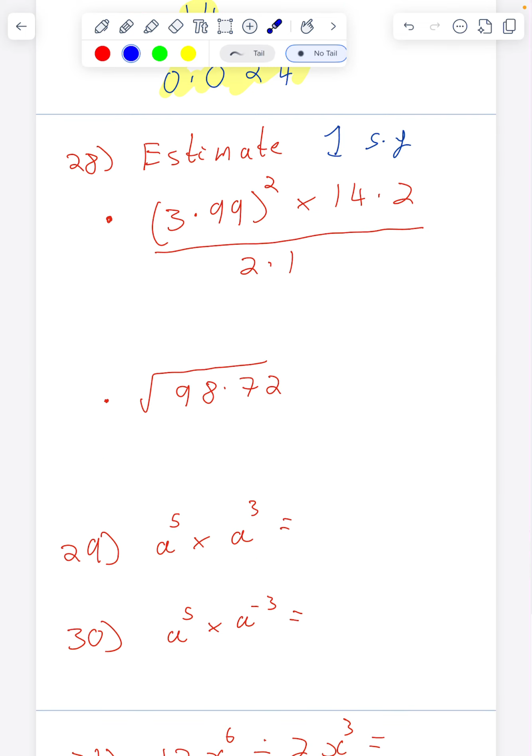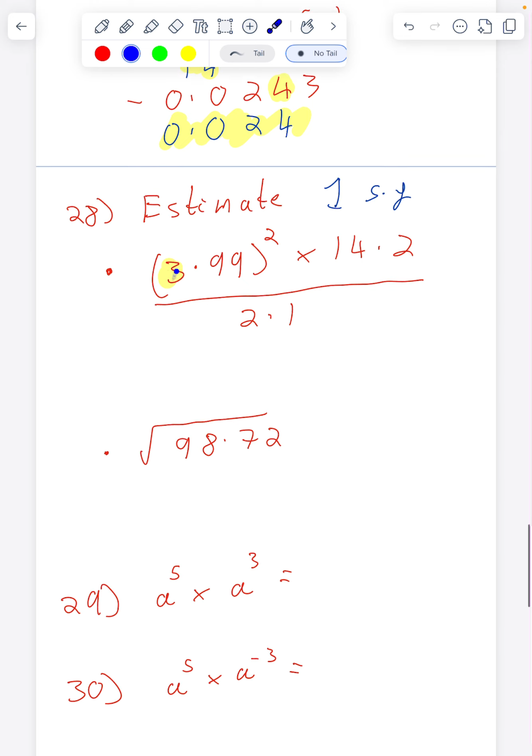So you want to round each of these numbers, this one, and this one, to one significant figure. Now, for 3.99, your first significant figure is the 3. So you look at your number to the right, which is a 9, and that means you round this up to a 4. So this just goes up to a 4.